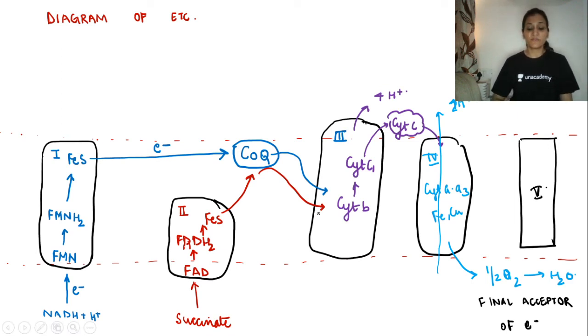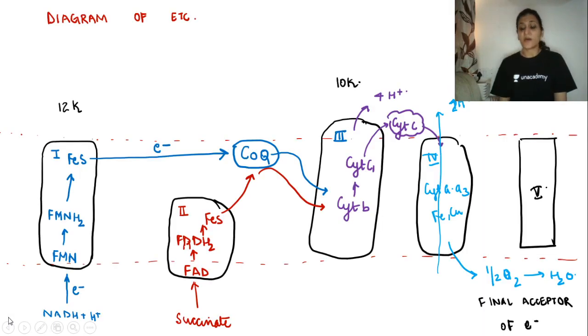Now the energy which I was telling you is liberated. Here there will be liberation of 12 kilocalorie energy to pump the hydrogen. Here there will be liberation of 10 kilocalorie, and like this it occurs.